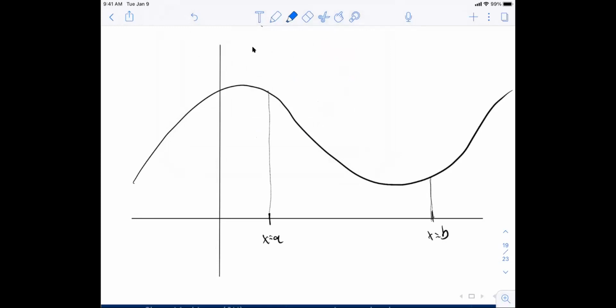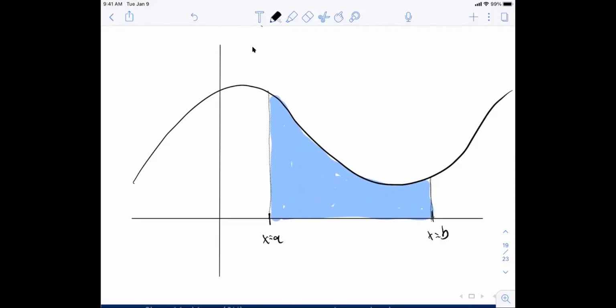Later, we're going to talk about a generalized area, but right now, with a function that stays above the x-axis, I want to find this area.